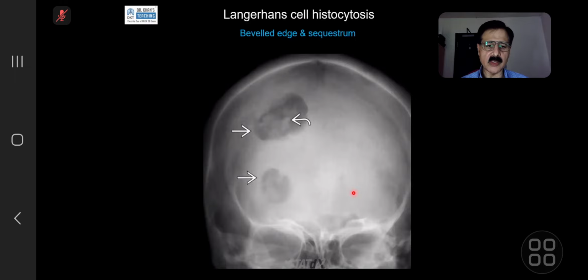And please also remember that Langerhans cell histiocytosis, as I also told you in lymphoma, can have a sequestrum. And that again is an exam thing. They will show you this kind of a case where there is a beveled edge and there is a sequestrum also.